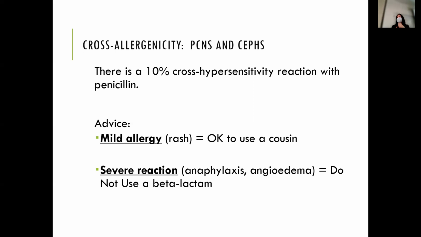It can get life-threatening. Severe reaction, anaphylaxis or angioedema, that swelling in the face, and then do not use a beta-lactam of any kind. If they have that kind of reaction, then they can't use any antibiotic in that family of drugs. Maybe that's where the word cousin came from, the family of drugs, but it just doesn't make as much sense to me.